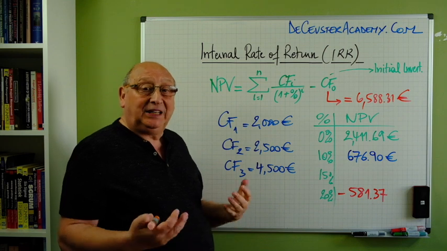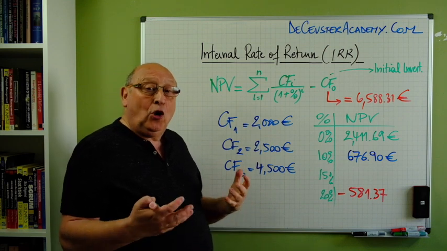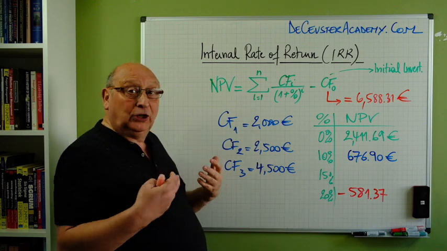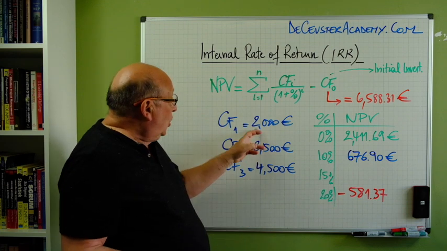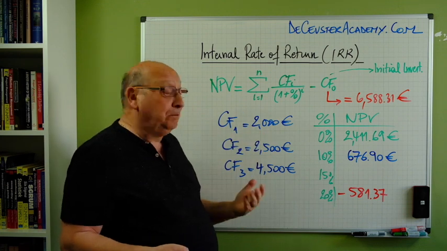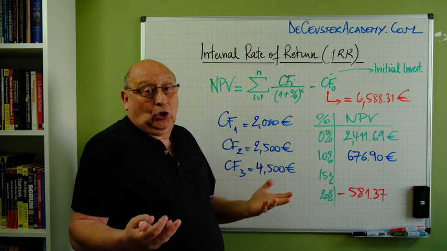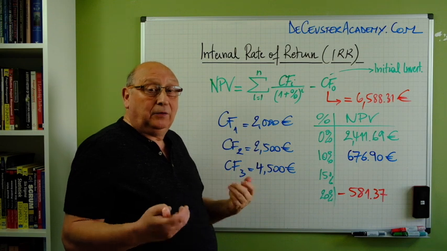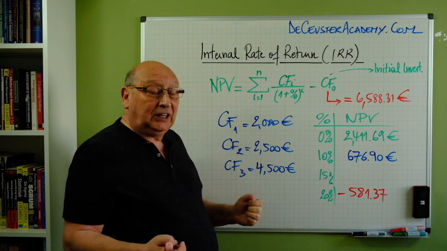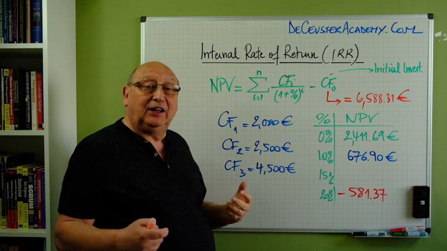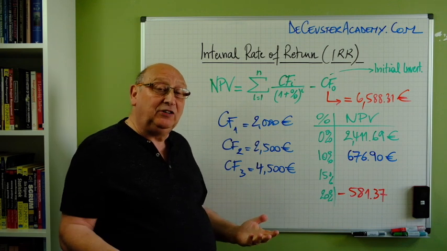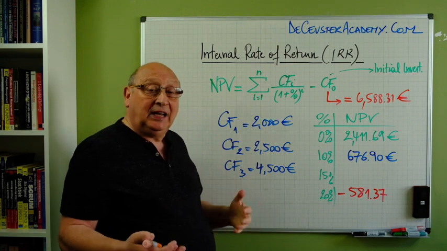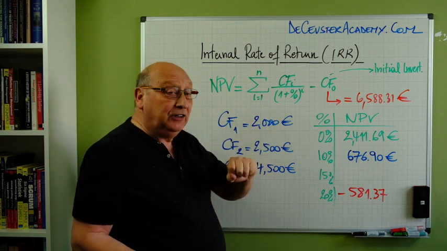What we do now is we calculate the net present value for different discount rates. We took 10%, and you can do the exercise very easily. You take 2,000, you divide by 1 plus 10% to the first power, plus 2,500 divided by 1 plus the 10% to the second power, and for the third one we take 4,500, we divide by 1 plus the 10% to the third power, and we subtract the initial investment.